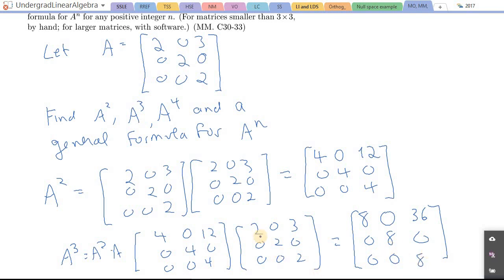All right, so let's examine the pattern here. For A, we had 3. For A squared, we had 12. For A cubed, we had 36. Right. So let's do A to the fourth and see if we can discover some pattern.